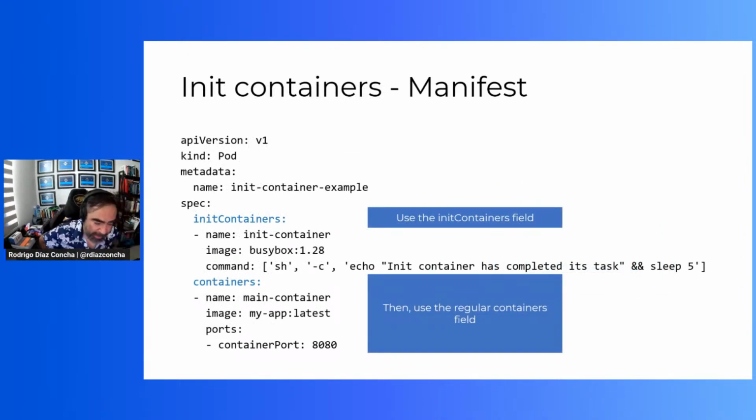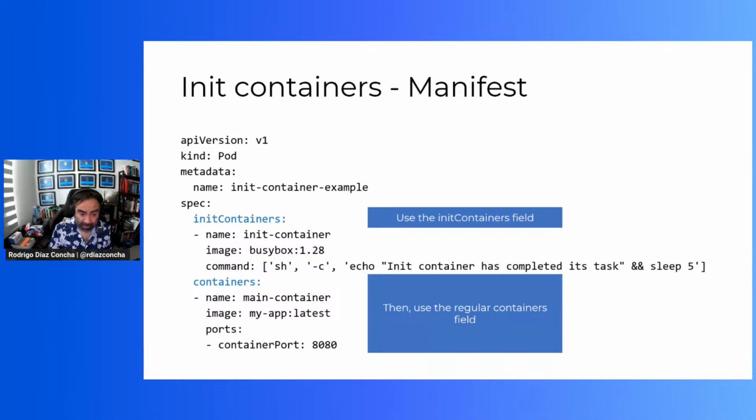You specify init containers by using the initContainers field inside your pod specification. As you can see here on the screen, this manifest file is creating a pod, right? And this is defining a container, which is based on a fictitious image name. And it's adding an init container.